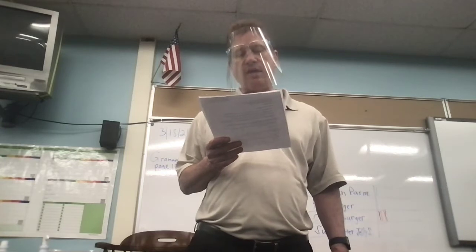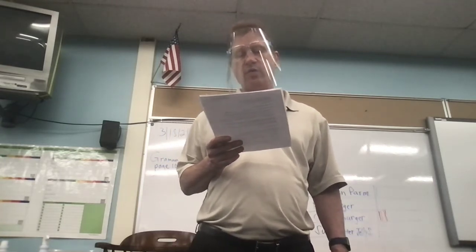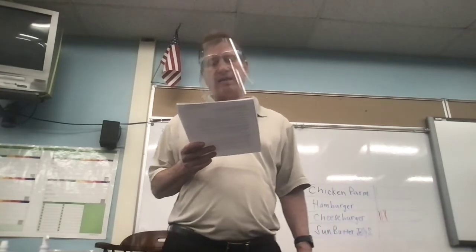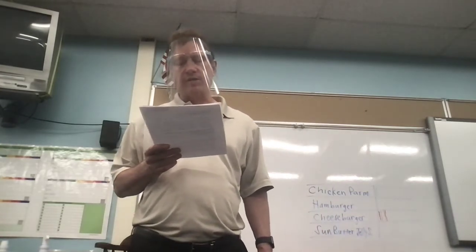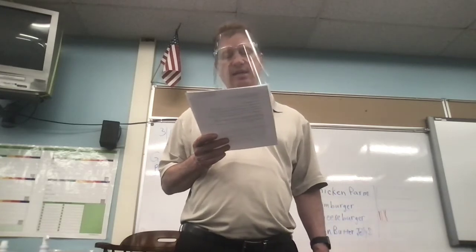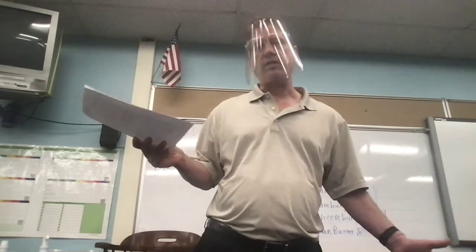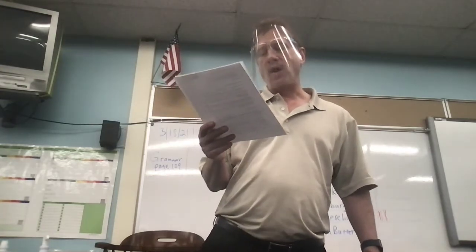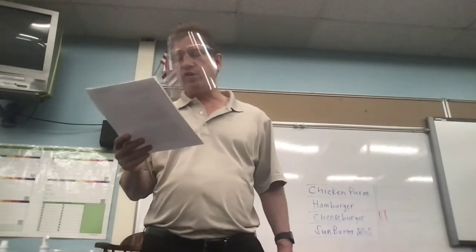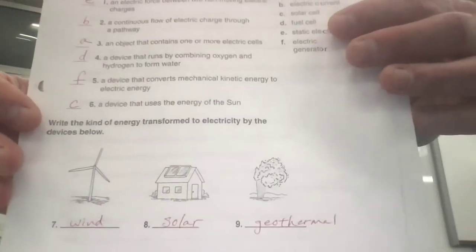A device that runs by combining oxygen and hydrogen to form water, fuel cell. A device that converts mechanical energy to electric energy, electric generator. A device that uses the energy of the sun, solar cell. Solar should tell you sun right away. At the bottom we have a picture of a windmill, solar panels on the roof of a house, and geothermal energy next to that tree.